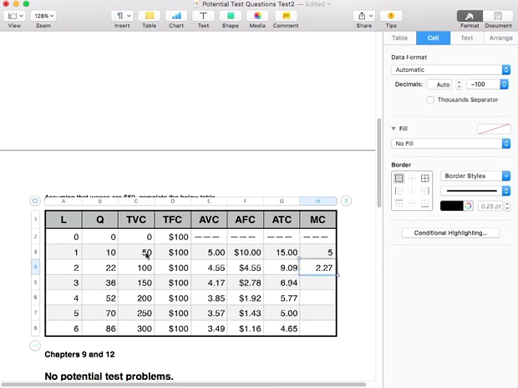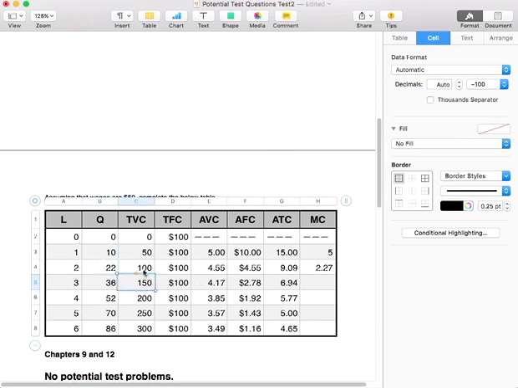For this one, the numerator is going to be equal to 50. Why? Because total variable cost increased by 50, and that's going to be divided by 12, because 22 minus 10 gives us 12. So the numerator is 100 minus 50, and the denominator is 22 minus 10, so we have 50 divided by 12.